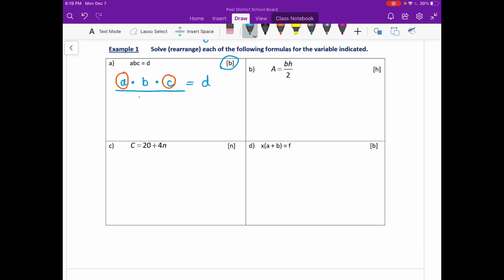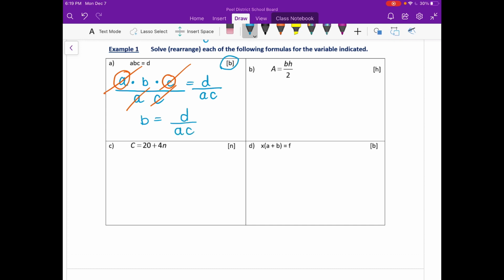I'm going to have to divide by a and divide by c, so I can divide by ac. These two will cancel out, and these two will cancel out. Whatever I did on this side, I have to do on this side, so I divide by a and c. I'm left with b is equal to d over ac.